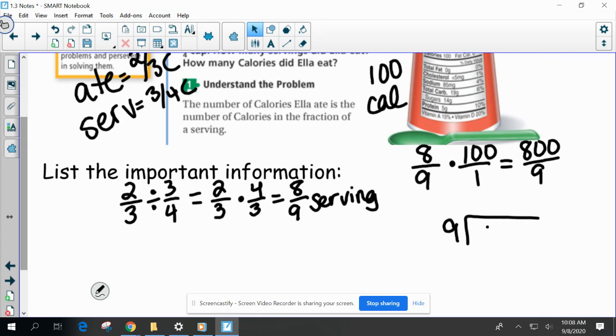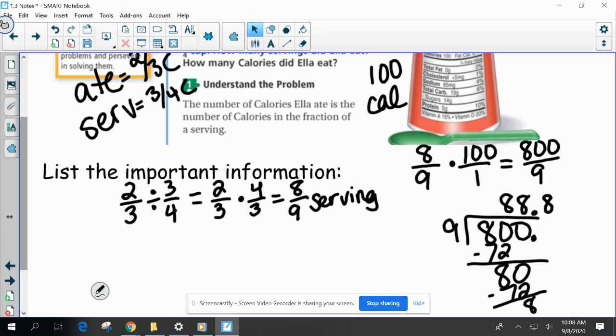So 9 goes into 80 how many times? 8. And 9 times 8 is 72. So I would get 8 left over, bring down my 0. 9 goes into 80 8 times again. So 72. What's happening here? It's repeating. So 88.8 repeating calories would be how much of that I ate.